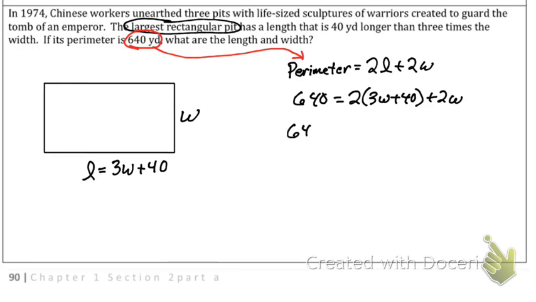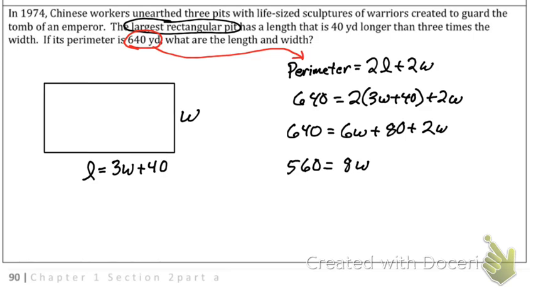So going down, we'll have 640 equals 6W plus 80 plus 2W. Subtract 80 from both sides, and we'll have 560 equals 8W.